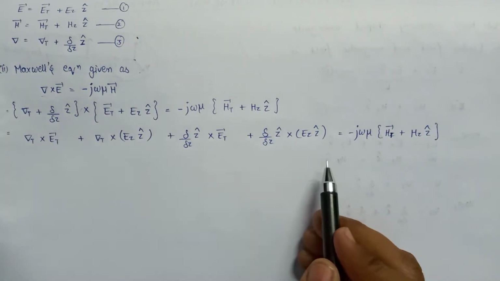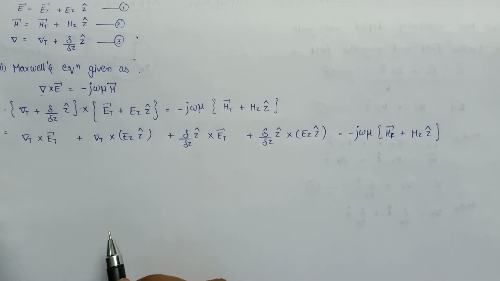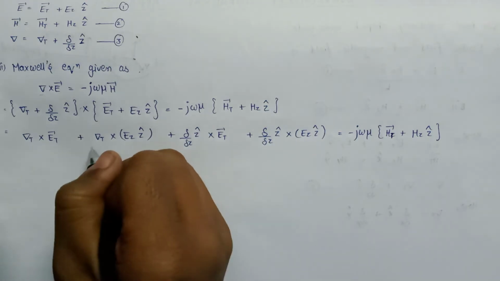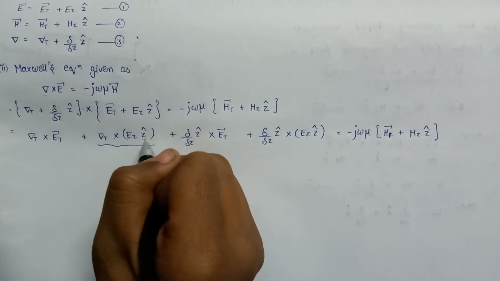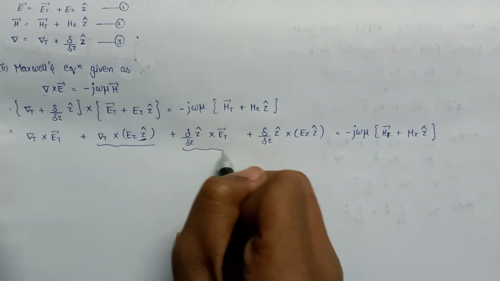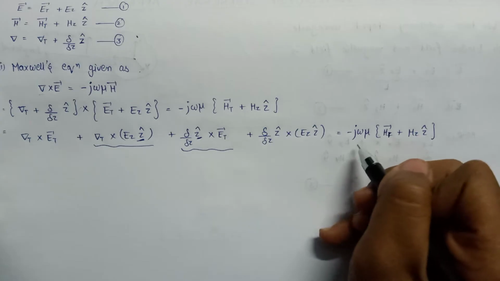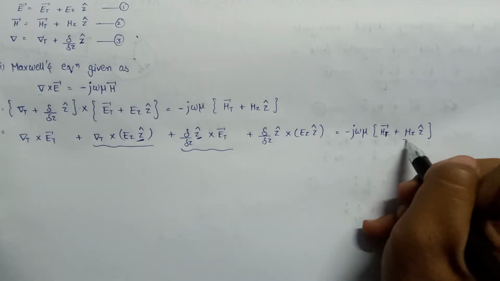So all these terms we get after cross multiplication, and we know that the cross product with Z results in a transverse component. So here is the cross product with Z cap, and here also the cross product with Z cap.